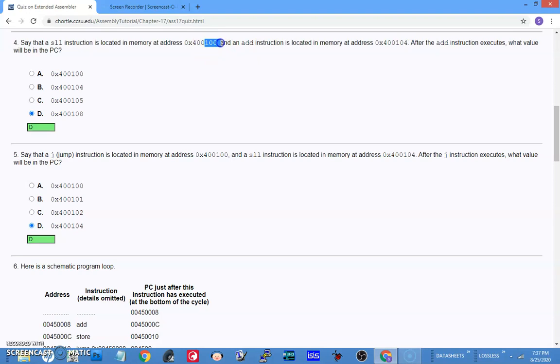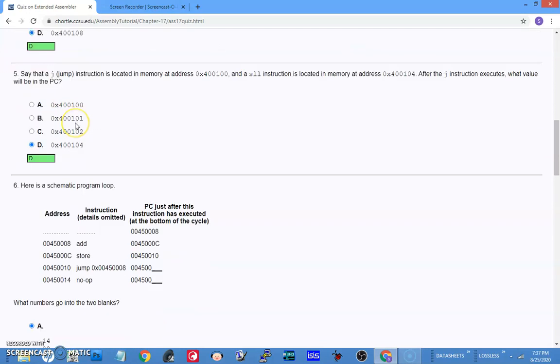They are contiguous instructions, SLL followed by add. So after the add instruction, what happens? The PC gets incremented to the next instruction. The next instruction will be 104 plus 4, which is 108. This is the answer. So the correct answer for the fourth question will be D.